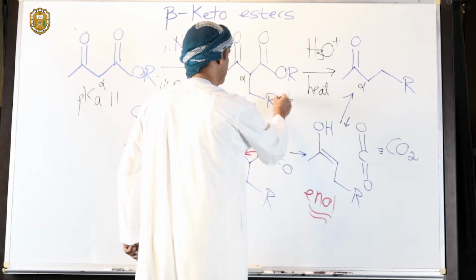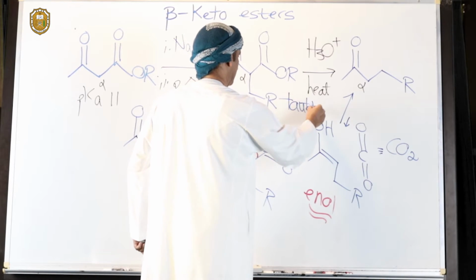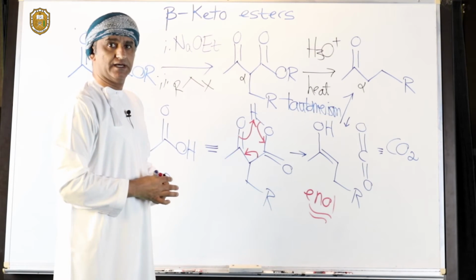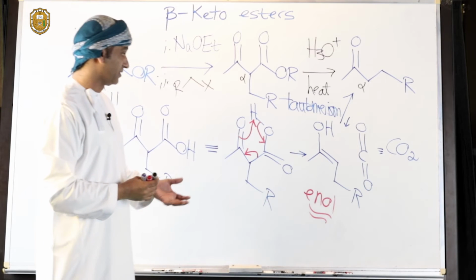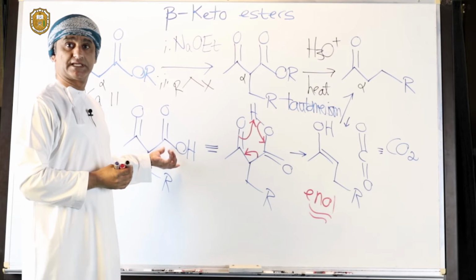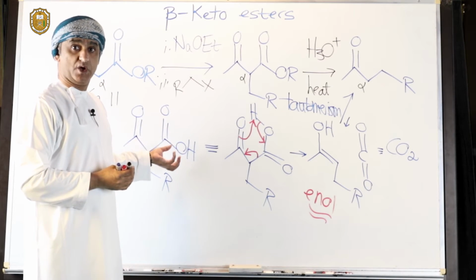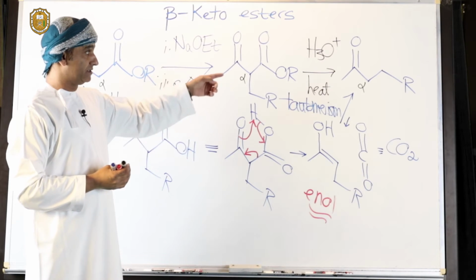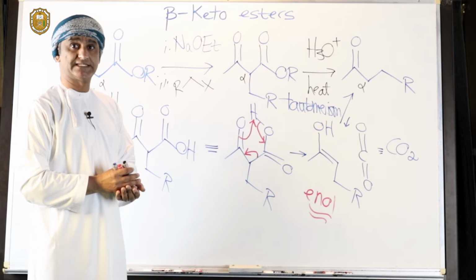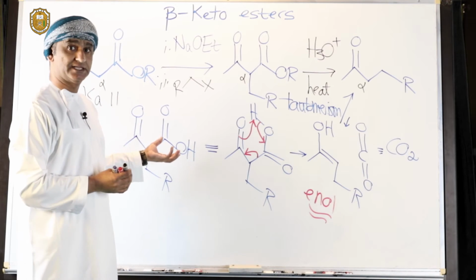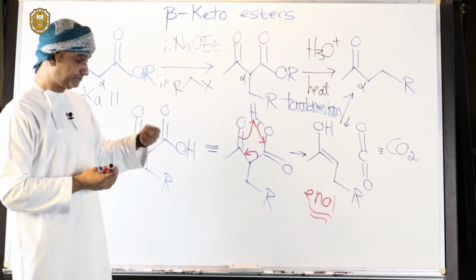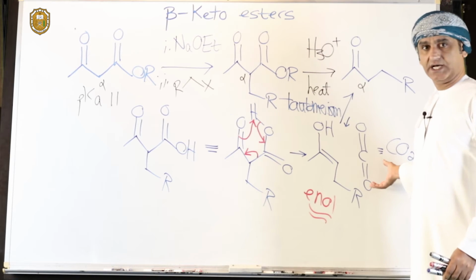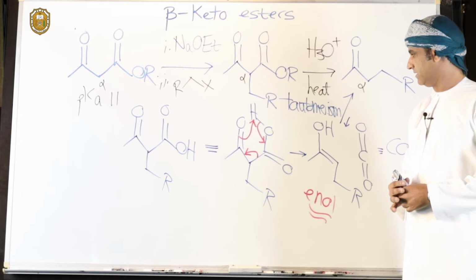So this is keto-enol tautomerism. This is how the carboxylic acid is lost upon heating it after the treatment of the ester with an acid. The carboxylic acid, once it's heated, should be lost in the form of carbon dioxide, as clearly shown here.